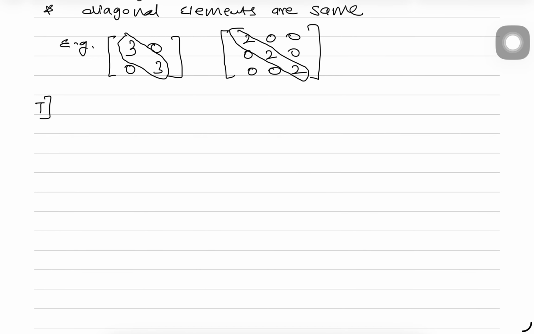Next is very important, the seventh one: identity or unit matrix. A square matrix having diagonal elements 1.